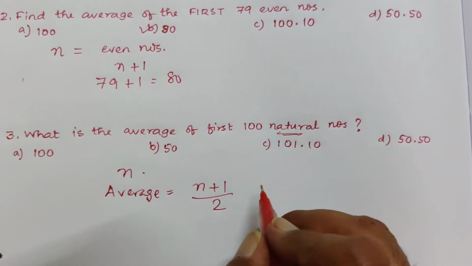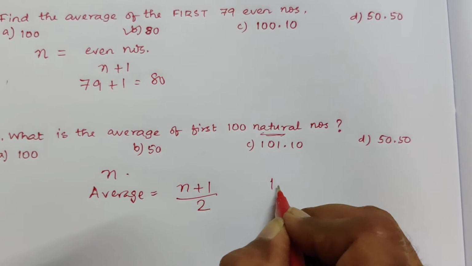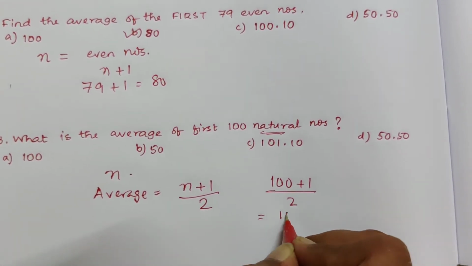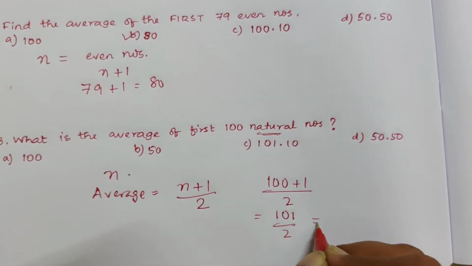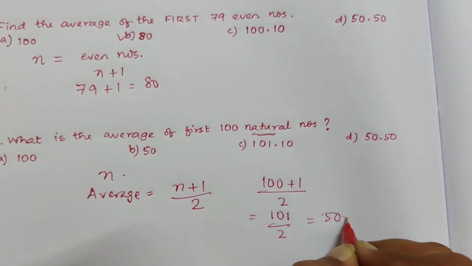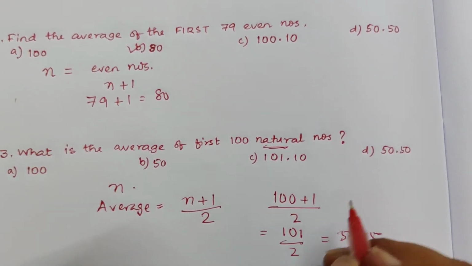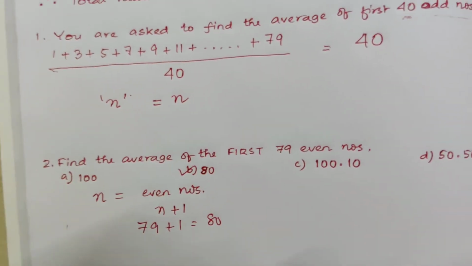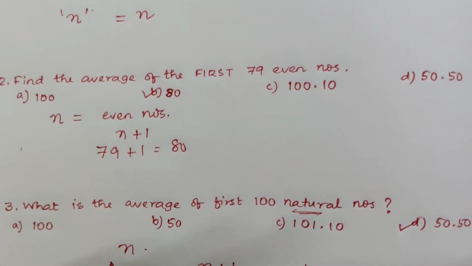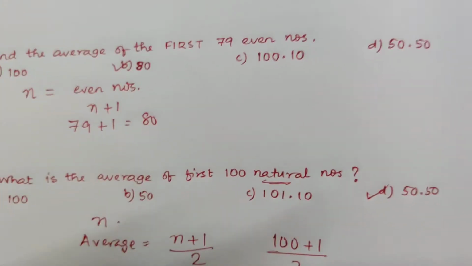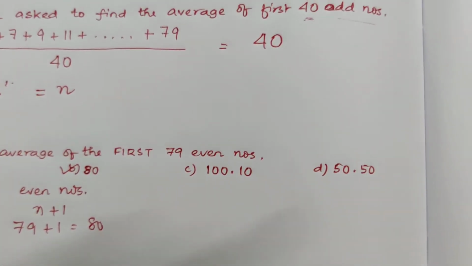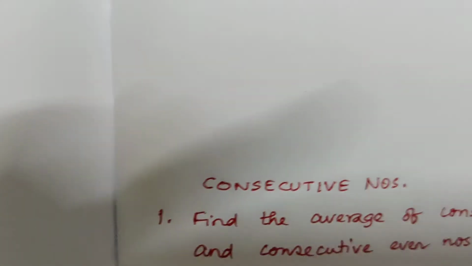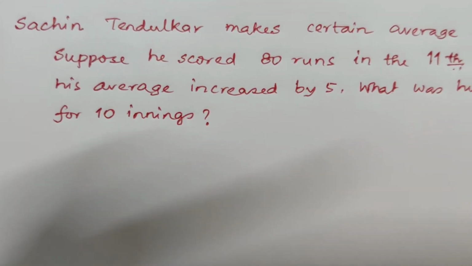So if there are 100 natural numbers, our average will be 100 plus 1 by 2. 100 plus 1 means 101 by 2, that is equal to 50.5. So this is our answer. How simple these are, isn't it? Very, very simple. If you follow this process, you are going to crack all these exams at a time.